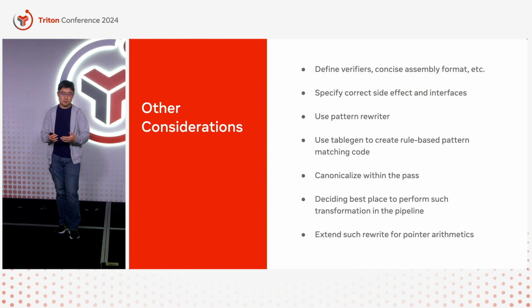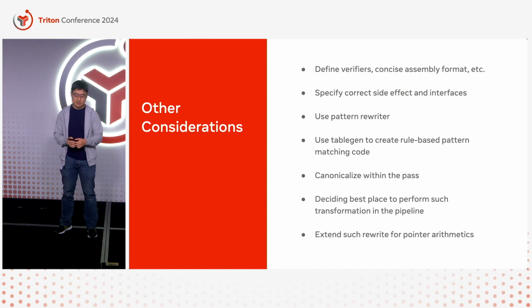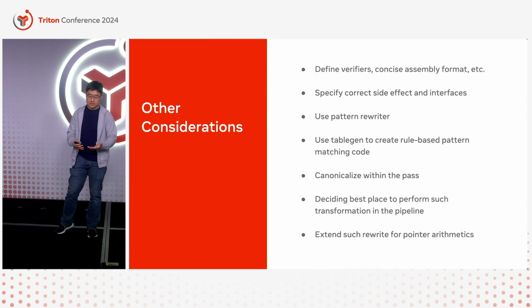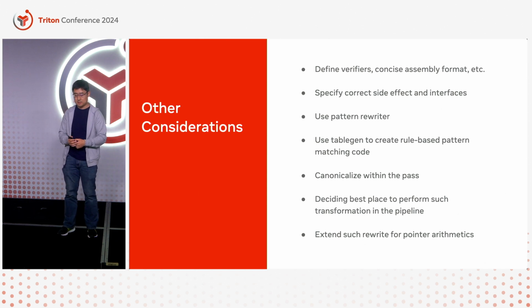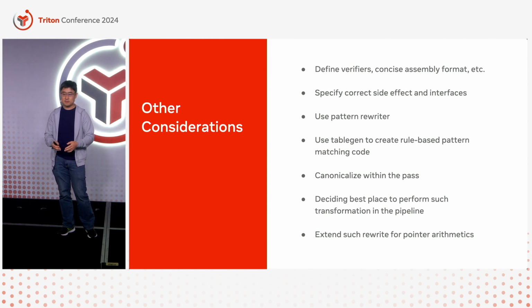In this example, we're doing this rewriting at the Triton IR level, but depending on the compilation pipeline that you're working with, it typically takes quite a bit of thinking to figure out what's the best place to perform such a transformation. So, for example, you might want to do this after the operations have been vectorized to the architecture you're targeting.